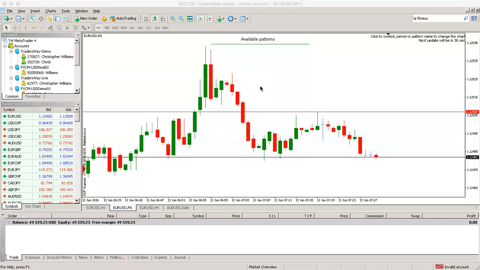Okay, and I apologize. I usually don't have this issue. So I hit place, and do buy stop. So I put a buy stop. Hold on a minute, guys.